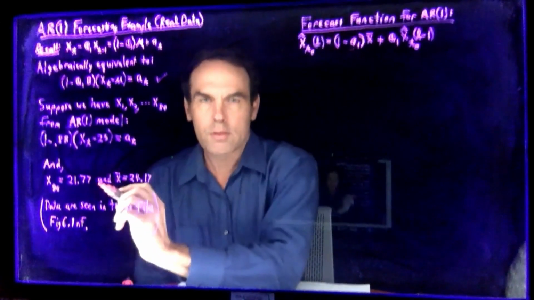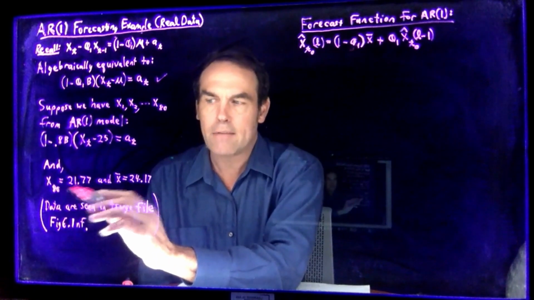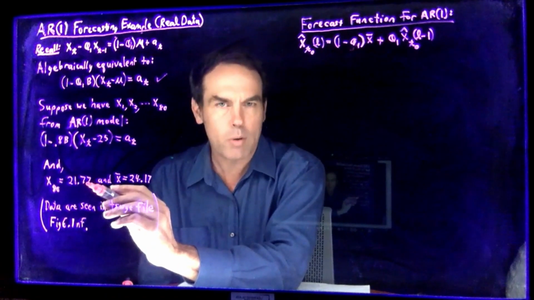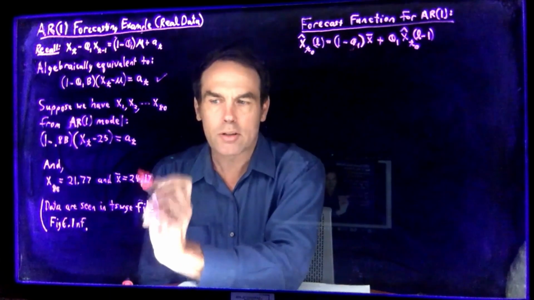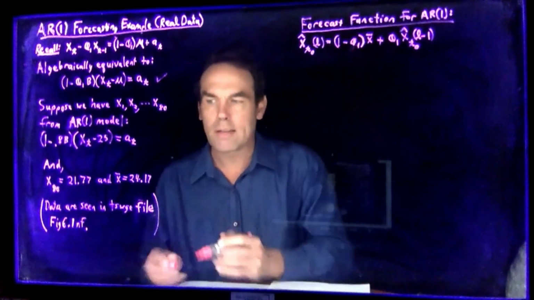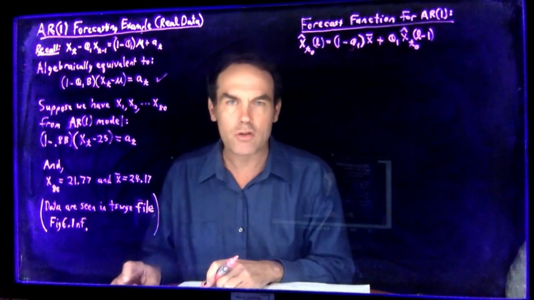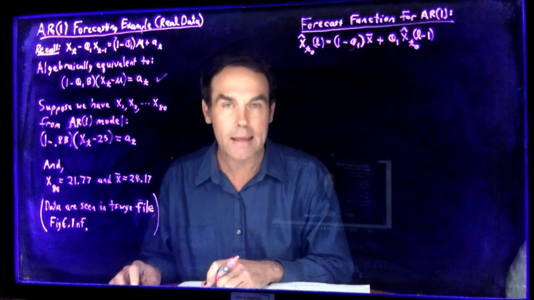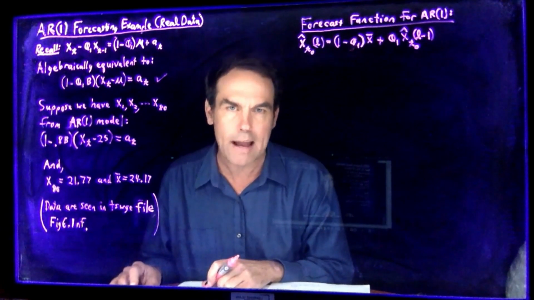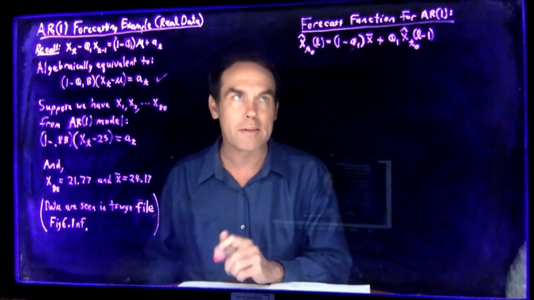Furthermore, suppose that in this data set x80, the 80th data value, turned out to be 21.77, and x bar, the sample average, is 24.17. Now these data can be seen in the tswge file, fig6.1nf, nf meaning no forecasts were there previously, and that's the goal of this, to create forecasts.